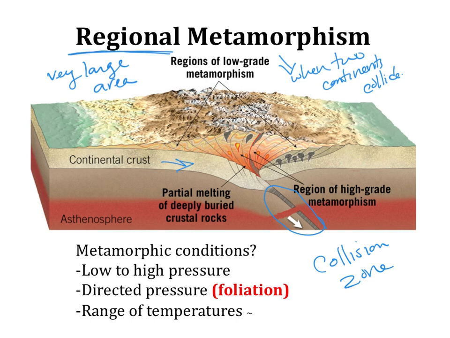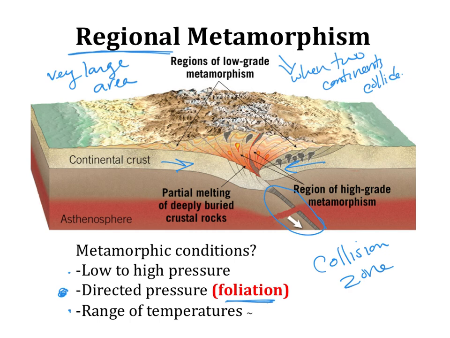So we have directed pressure, right, those two continents coming toward each other. So that means that we're going to have foliation. We have a range of high to low pressure and a range of temperatures, and that's because this is such a huge area that's experiencing metamorphism.